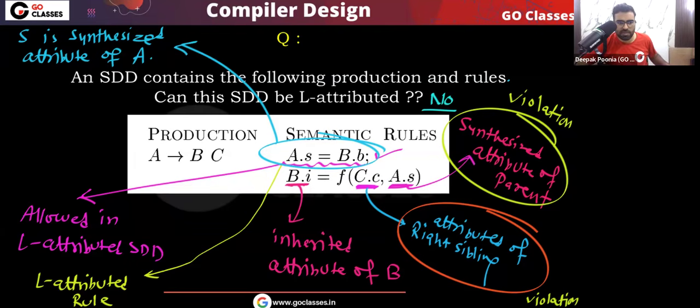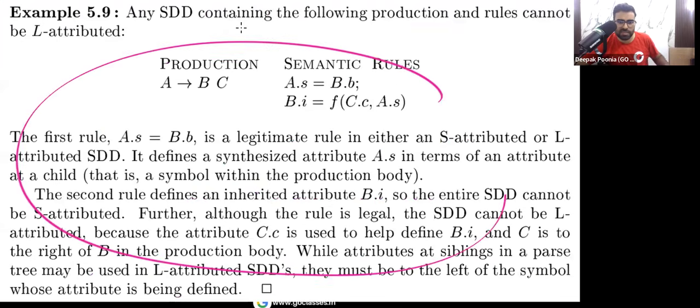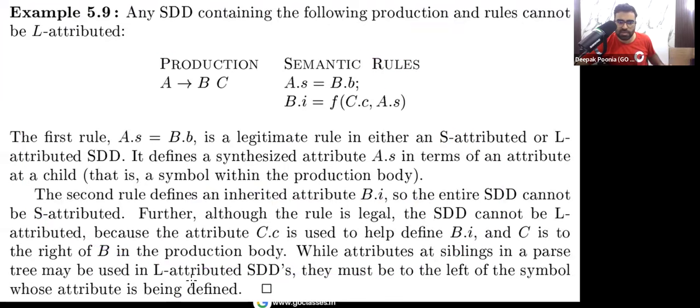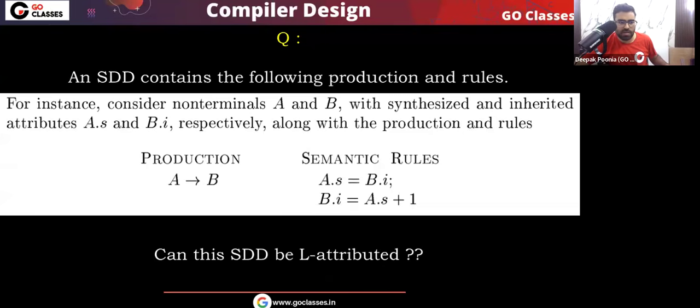Is this clear? Let me know. This is the explanation. Now let's solve this question. Tell me the answer. An SDD contains the following production and the rules. This is a production, and these are the semantic rules associated with it. Can this SDD be L attributed?